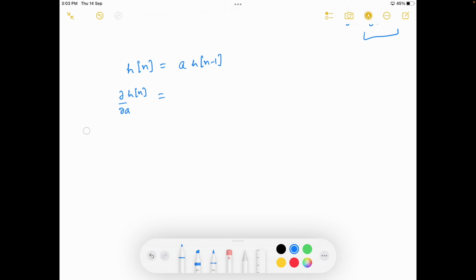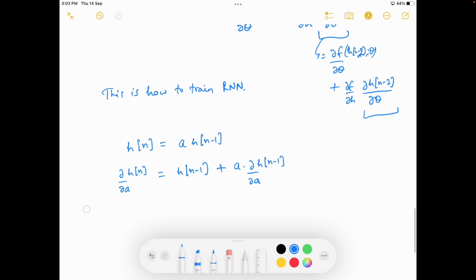Yes, this is equal to, first you take h of n minus 1 plus a times the derivative of h of n minus 1, right? That's how you will write, no? That's what I wrote here.